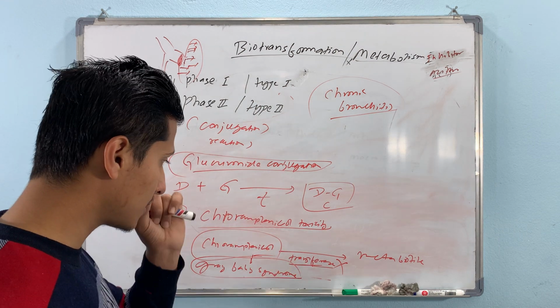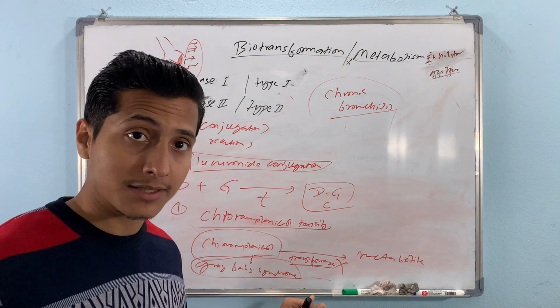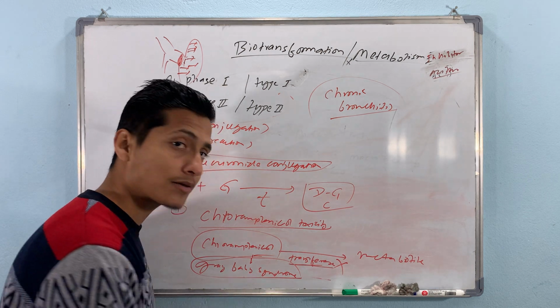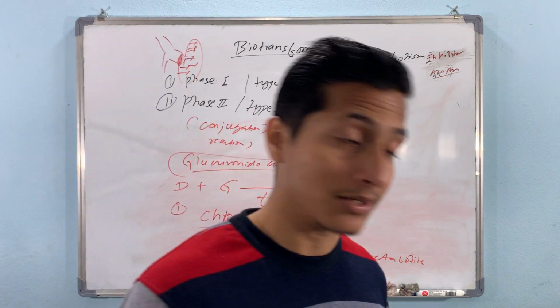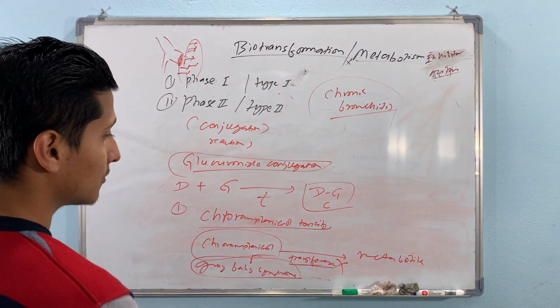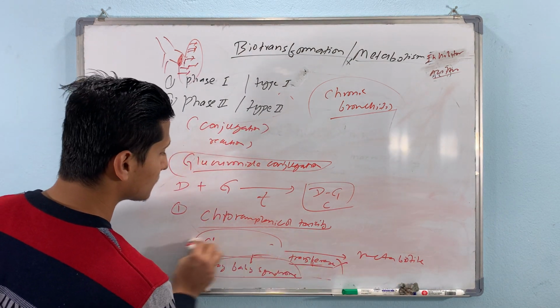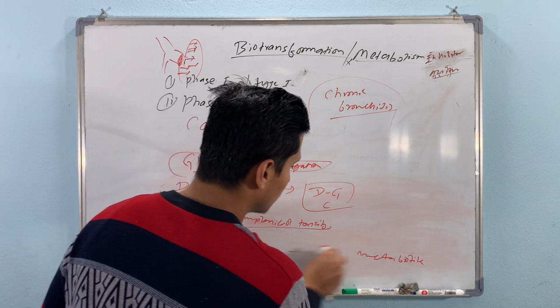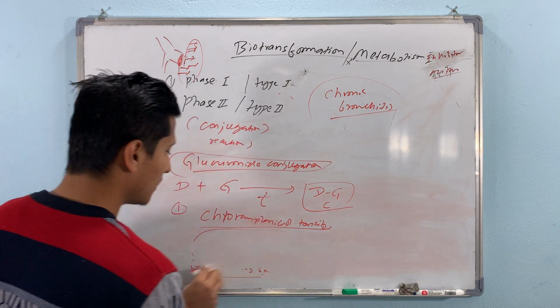The enzyme involved in chloramphenicol metabolism, that's transferase, is not fully functional in babies, so babies present with gray baby syndrome. So this is one important clinical vignette you may be given.